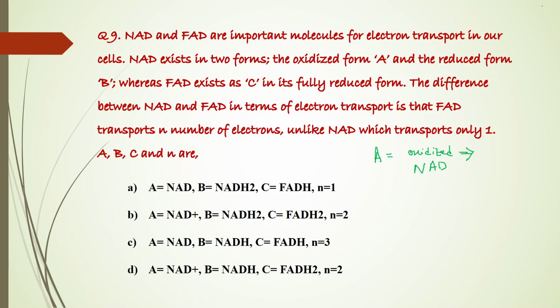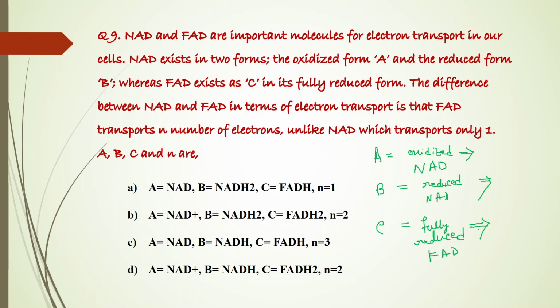Then it is saying the reduced form is denoted here as B. So the reduced form is B, that is reduced NAD. Again you need to identify B. Then it states, whereas FAD exists as C in its fully reduced form. So what is C? Our C is fully reduced FAD, not the half reduction but fully reduced FAD.